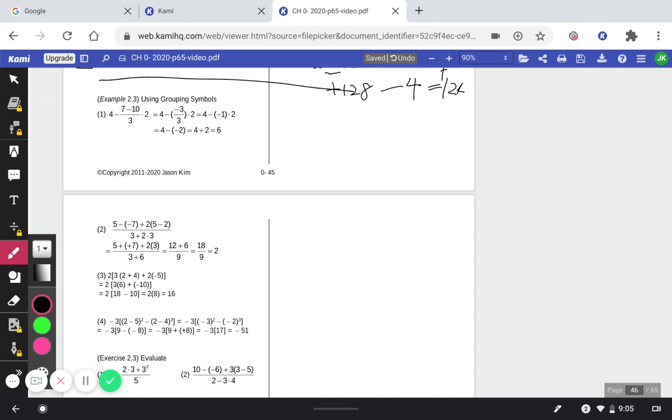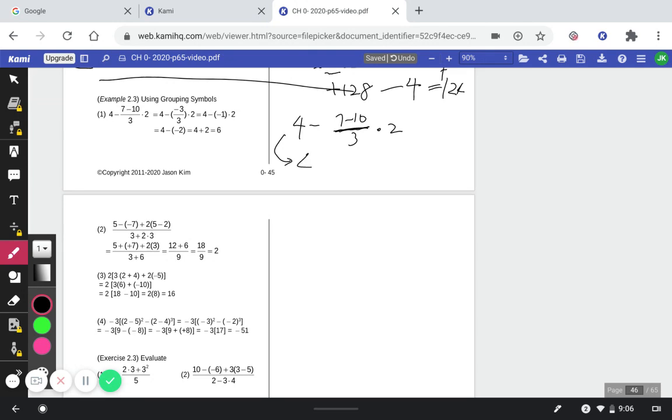Now, next examples are example 2.3, using grouping symbols. You have many grouping symbols that you have to take care of first. So number one, when you have 4 minus 7 minus 10 over 3 times 2, because this long line on the division is a grouping symbol, you have to simplify that first.